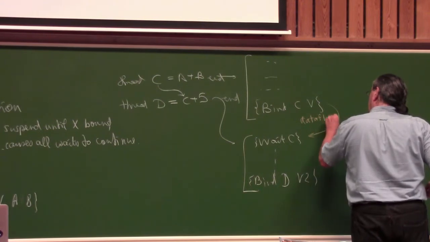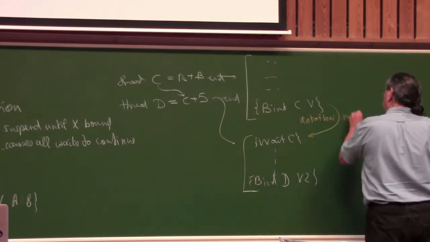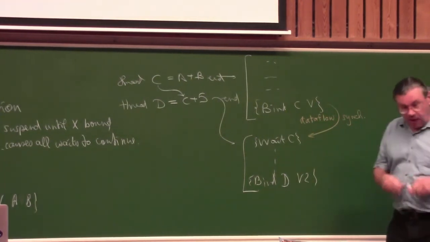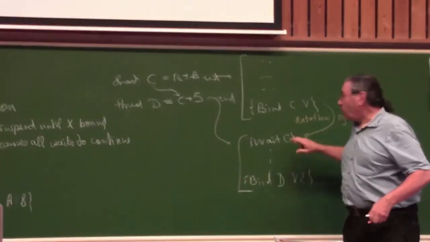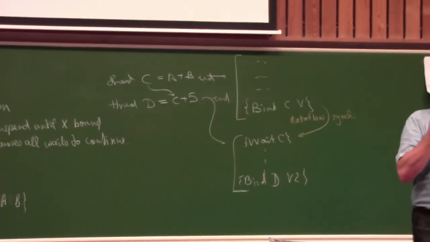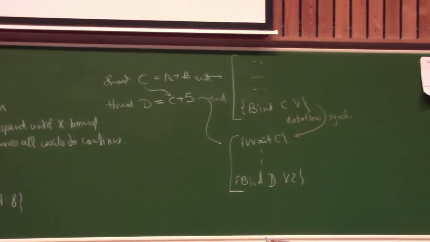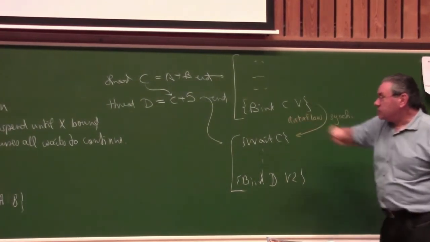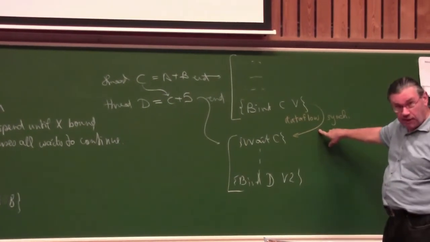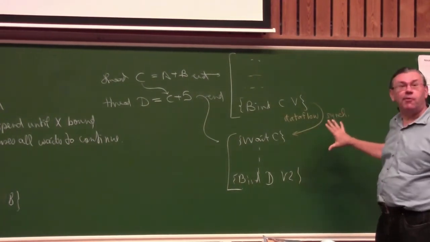It's the connection between the bind and the wait. Okay, so these bind and wait are primitive operations supported in the virtual machine with those semantics. Okay, so this is the semantics of the data flow.